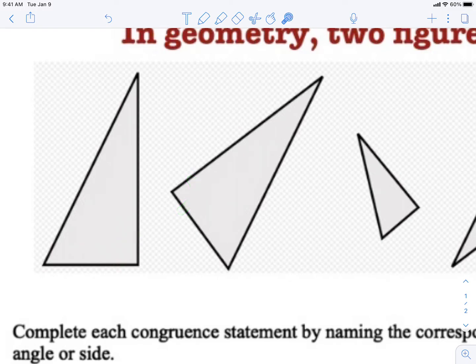This long side is congruent to this long side here. And finally, the bottom of this triangle is congruent to the bottom of that triangle. Those are called corresponding sides and angles.